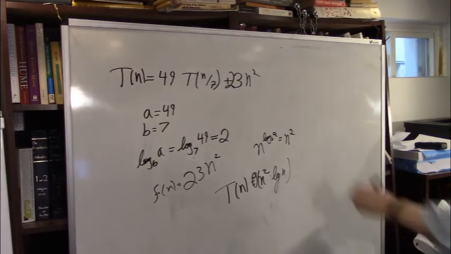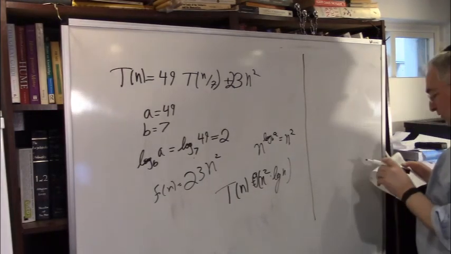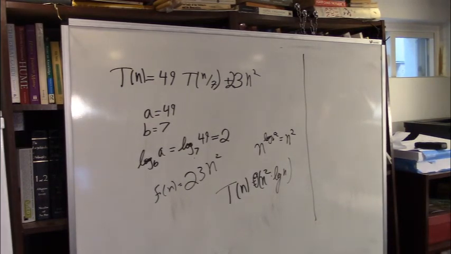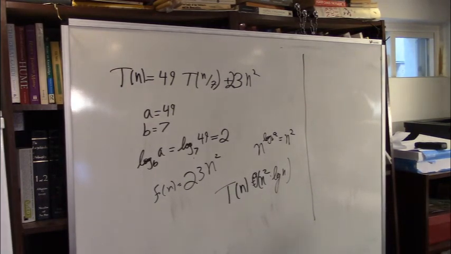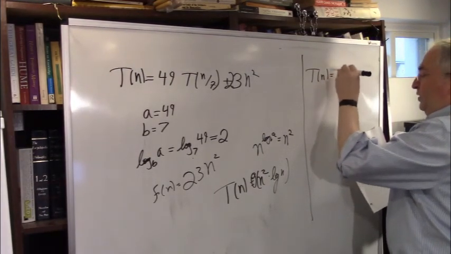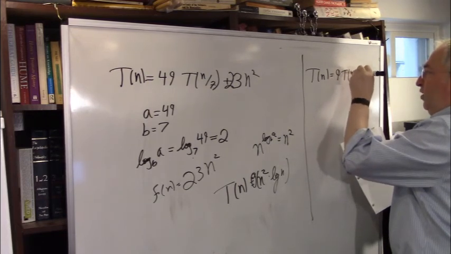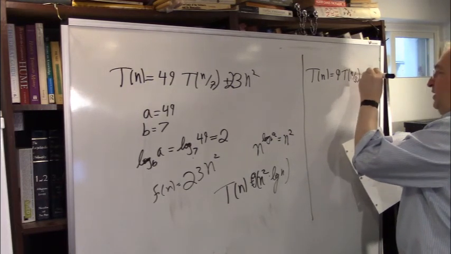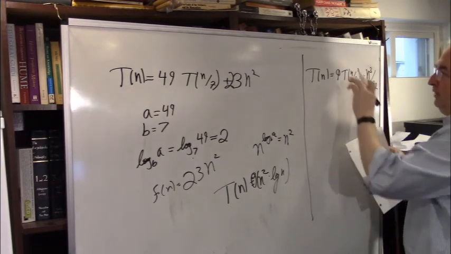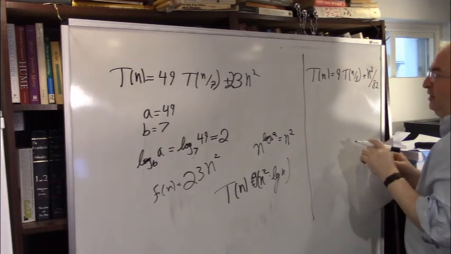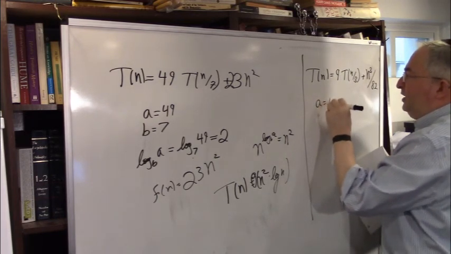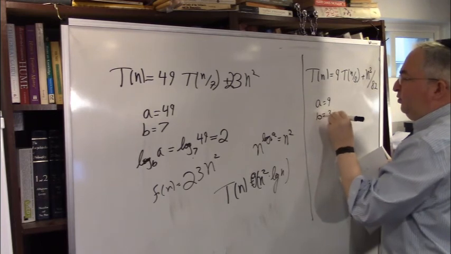Okay, let's do another example. T of n is equal to 9 T of n over 3 plus n to the third divided by 82. I made up these examples, nothing complicated here. Maybe I took them from the book, I don't remember. A is equal to 9, B is equal to 3.